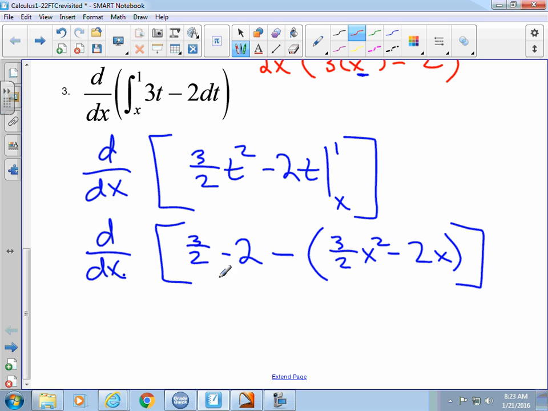Go take the derivative. What happens to all the constants? Go away, and then I get negative 3x minus 2.